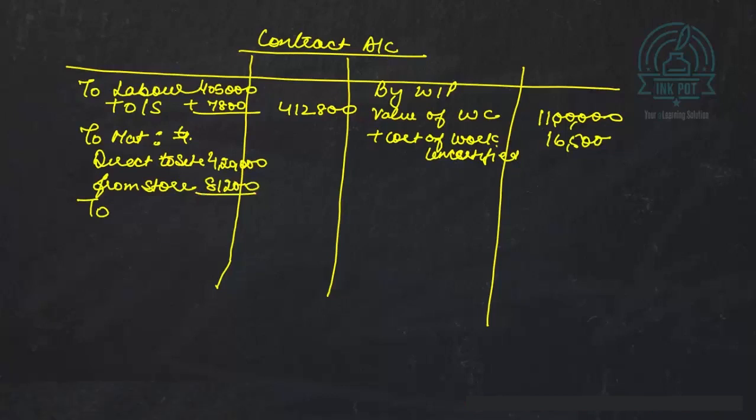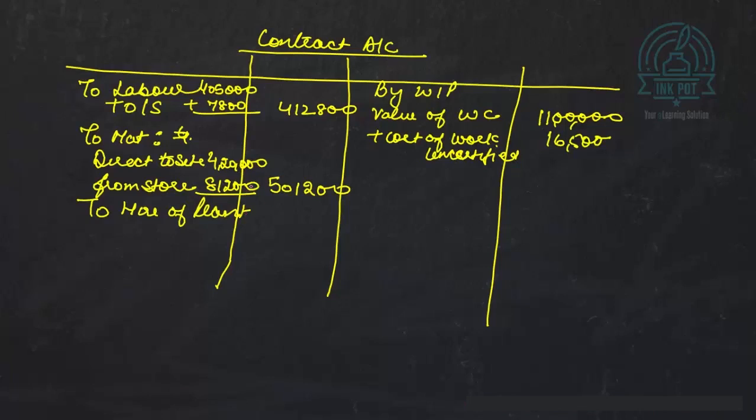So 4,20,000 plus 81,200 is 5,01,200. Next we were given the hire and use of plant. So these are rent charges of plant. To hire of plant, this is just like depreciation only.